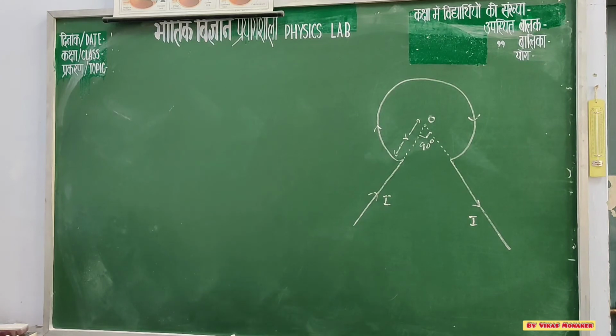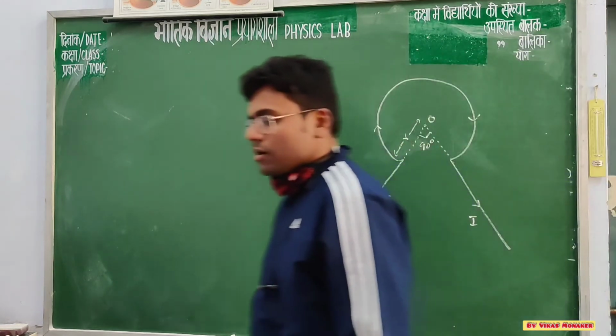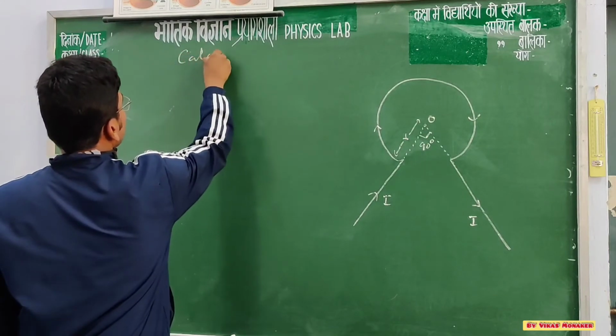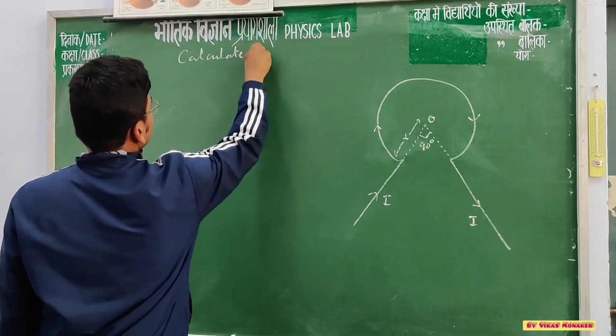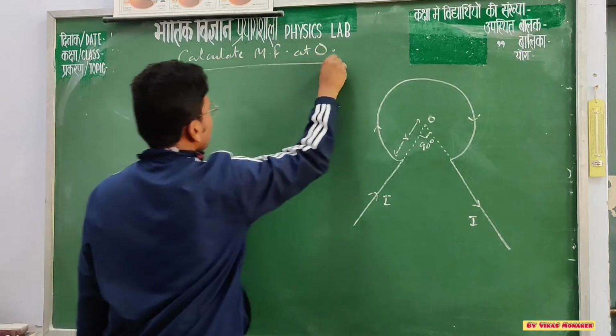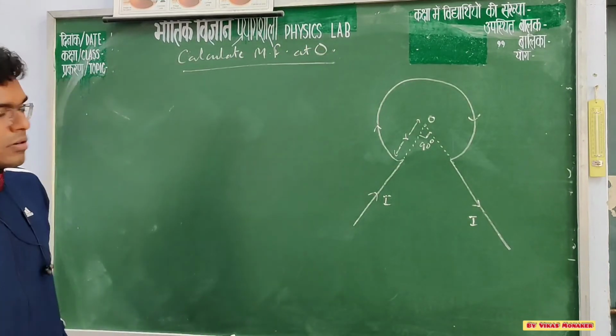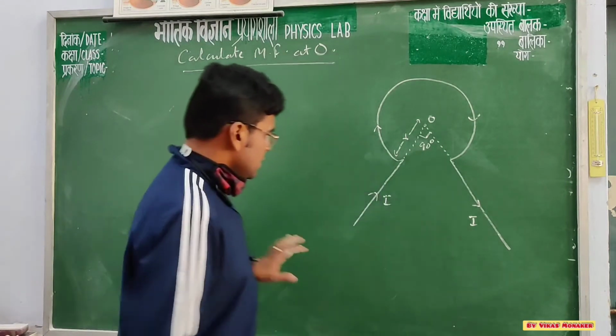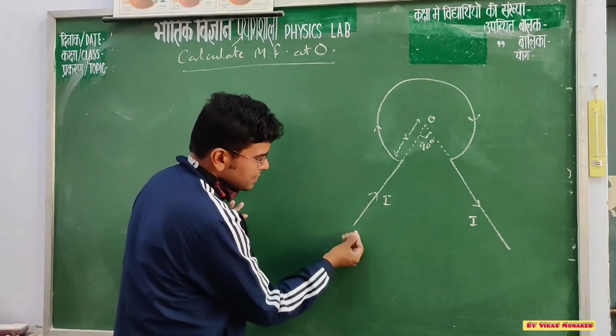Now students, try to solve this particular problem. This shape is given, and as usual you need to calculate the magnetic field at point O. First of all, let's try to understand what shape this is. The current is coming from this wire.